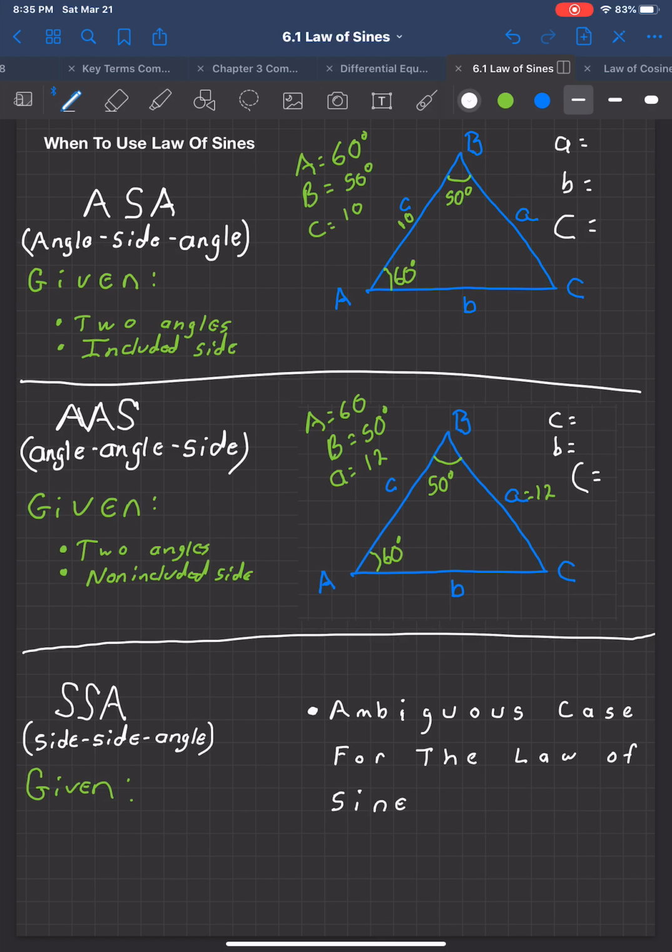Now, the last type of triangle where you would need to use the law of sines is what we call a side-side angle. Okay, and in this case, let me go ahead and write it out. So in this case, a side-side angle, you would have 2 sides and a non-included angle.